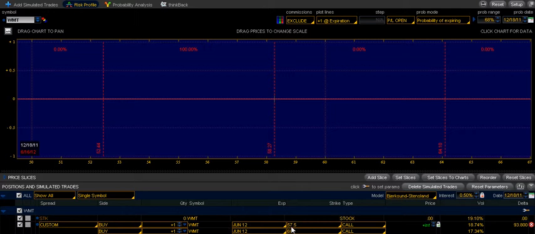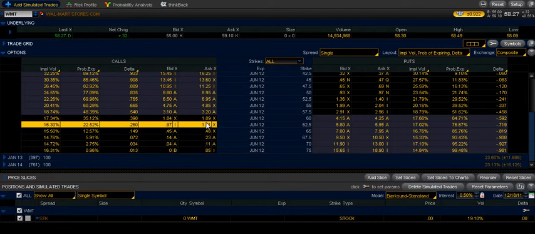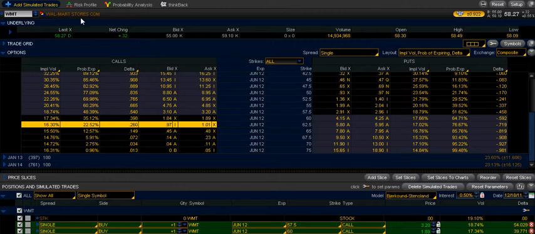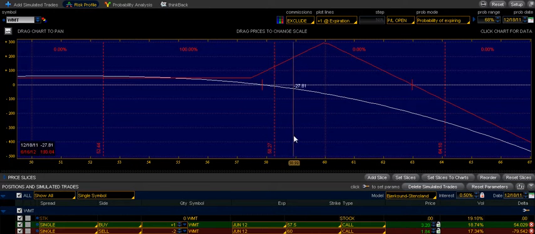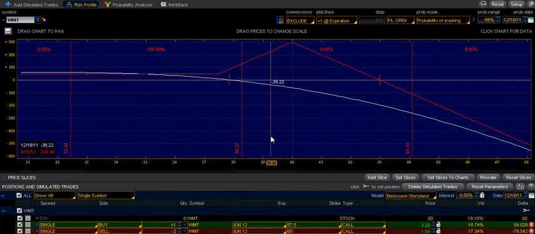Buy the 57.5 and sell 2 of the 60s. Let me get those again in my chart. So sell 2 of those. This is what our risk tolerance looks like. And in our risk management strategy, we always want to get out of a ratio spread once the stock price hits our short strike price.